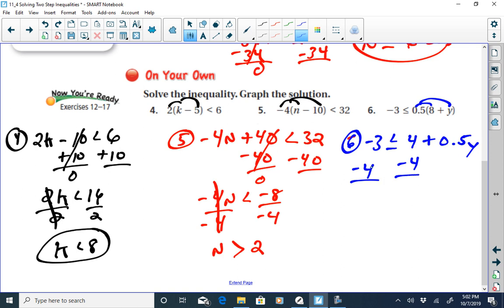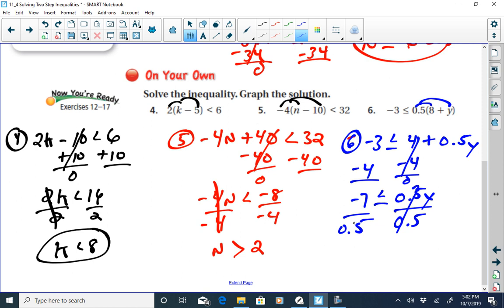On the left side, negative 3 and negative 4 is negative 7. Less than or equal to, that's 0. So we still have 5 tenths y. To get y by itself, we're going to have to divide by 5 tenths on both sides of that inequality. We're dividing by a positive number, so we don't have to flip the inequality symbol.